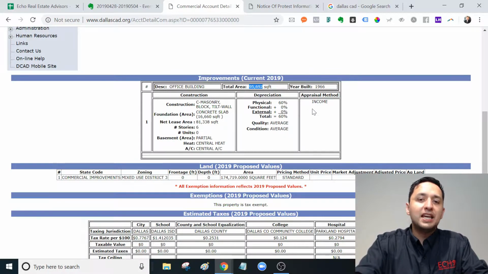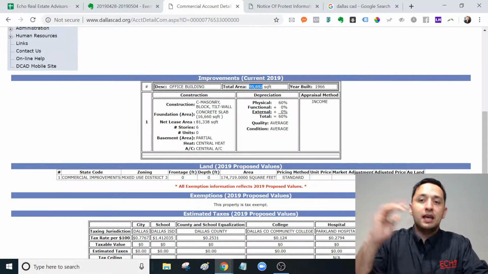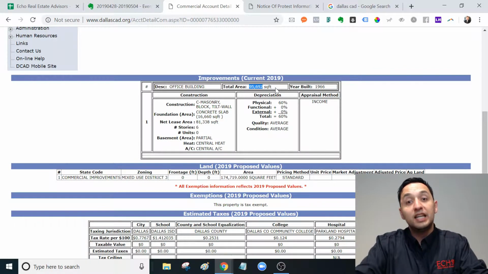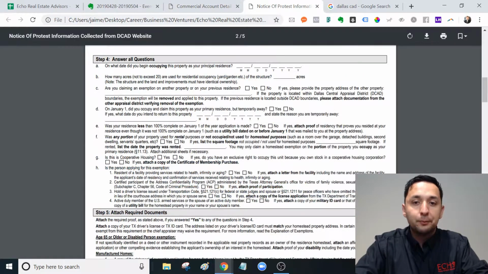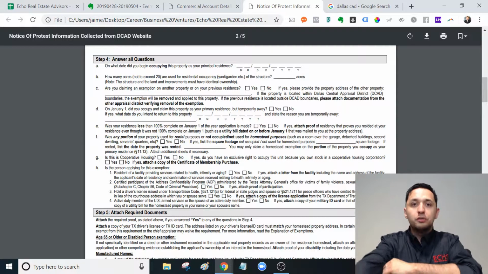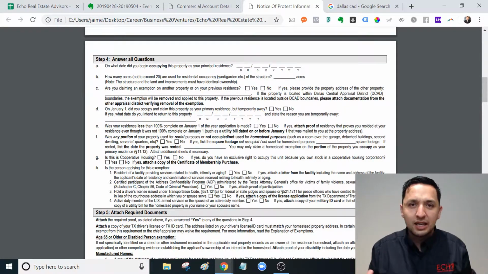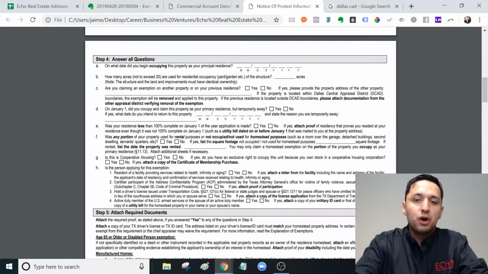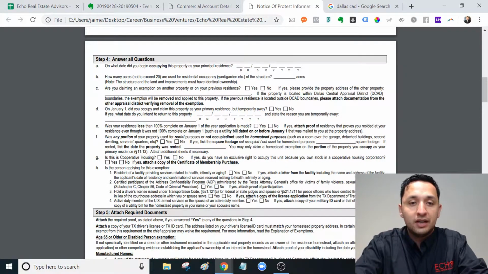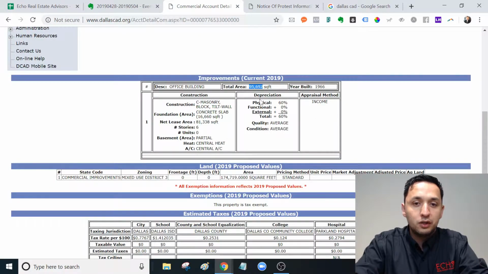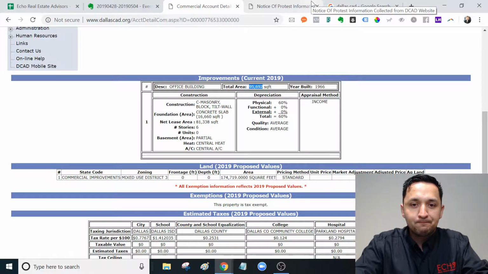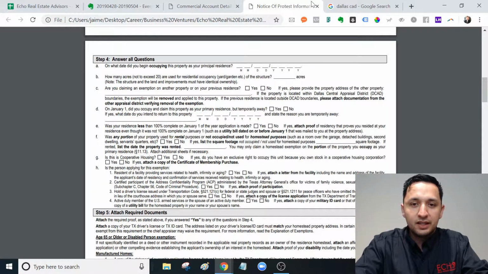They're asking for acres, so all you need to do is take that and go to Google and put 95,692 square feet into acres, and it will give you the amount of acres. Most homes are on about an eighth of an acre lot. So in this example, I would have put 0.125 of an acre. But of course you have your actual total area that you would need to fill in.